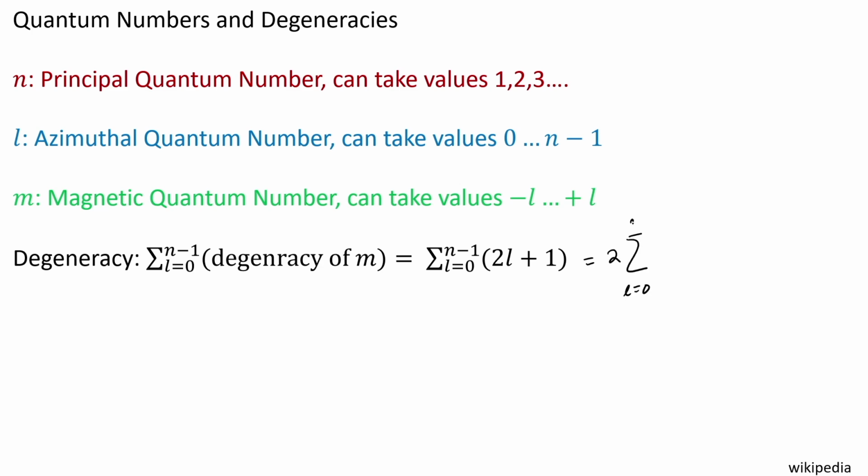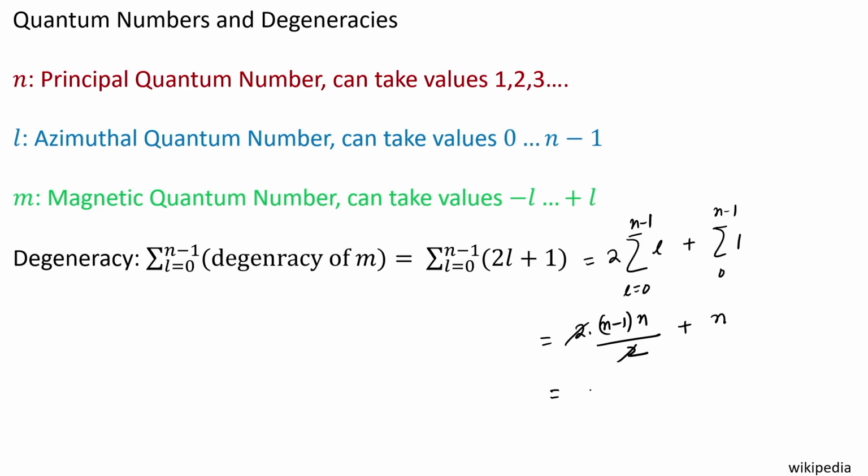So the degeneracy is the sum over L from 0 to n minus 1 of 2L plus 1. Summing numbers from 1 to n would give n into n plus 1 by 2, but from 0 to n minus 1 it will be n minus 1 into n by 2, and then you are simply summing up 1 n times, which gives n.